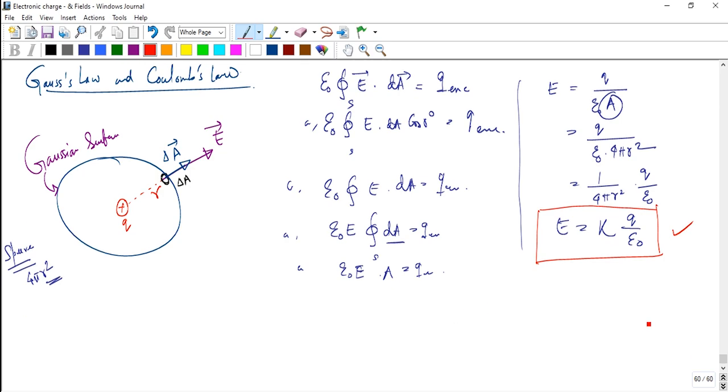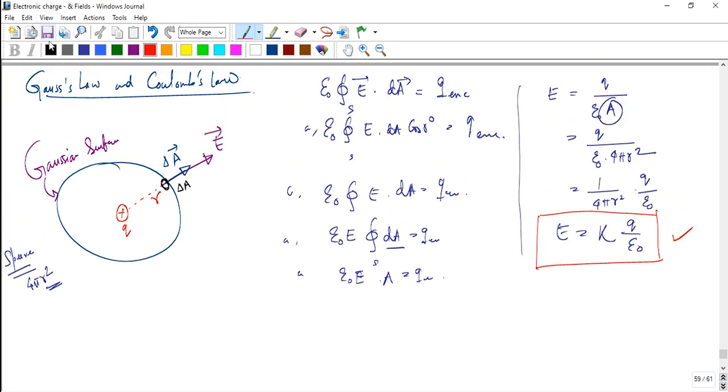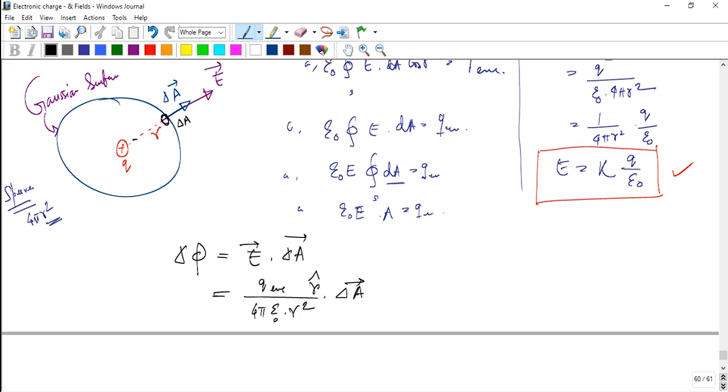Delta phi, the flux, is E dot delta A, where E is the enclosed charge q by 4 pi epsilon naught r square, times r cap direction. The r cap and delta A are both in the same direction, so cos 0 degree is 1.